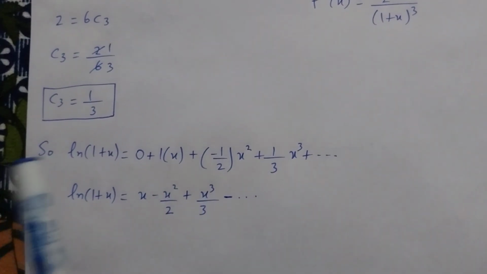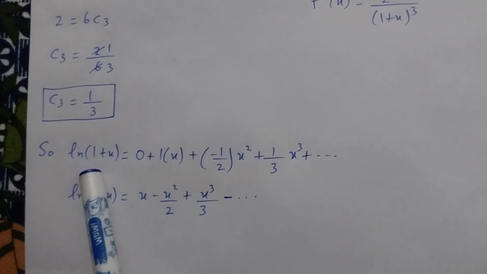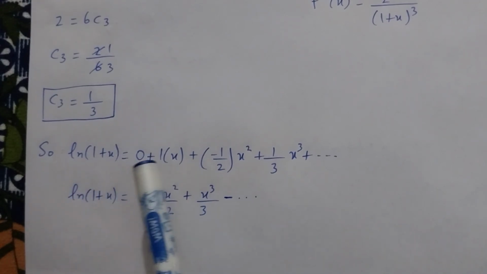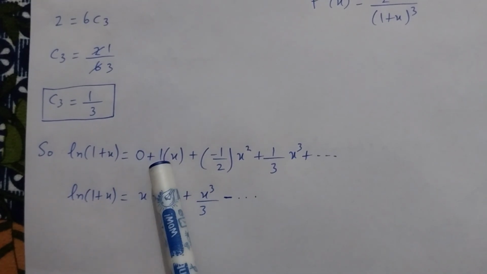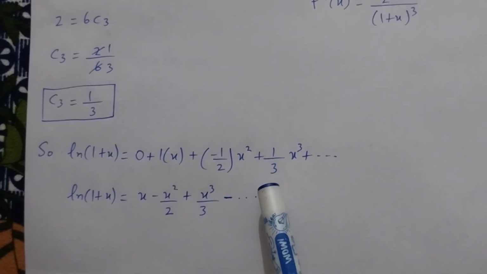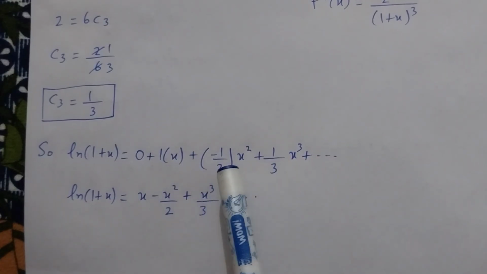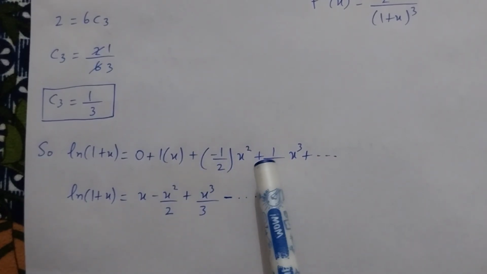So now we can write the power series for our function, natural log of 1 plus x, equal to c0 was 0, c1 was 1, c2 was minus 1 over 2, c3 was 1 over 3. Putting these values, we get 0 plus 1 times x plus minus 1 by 2 times x squared plus 1 by 3 times x cubed, and so on.